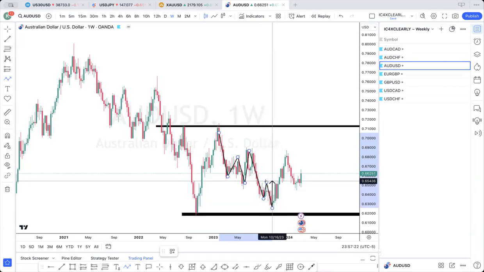So we're breaking this structure here, tapped into this zone here, and it's pulling back. But as you can see, it looks like it is breaking structure again.